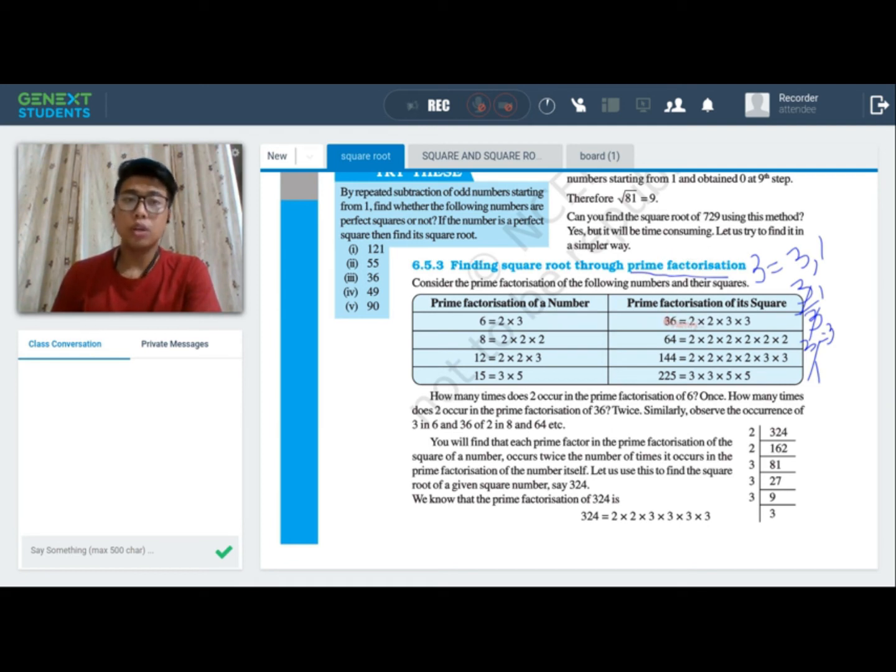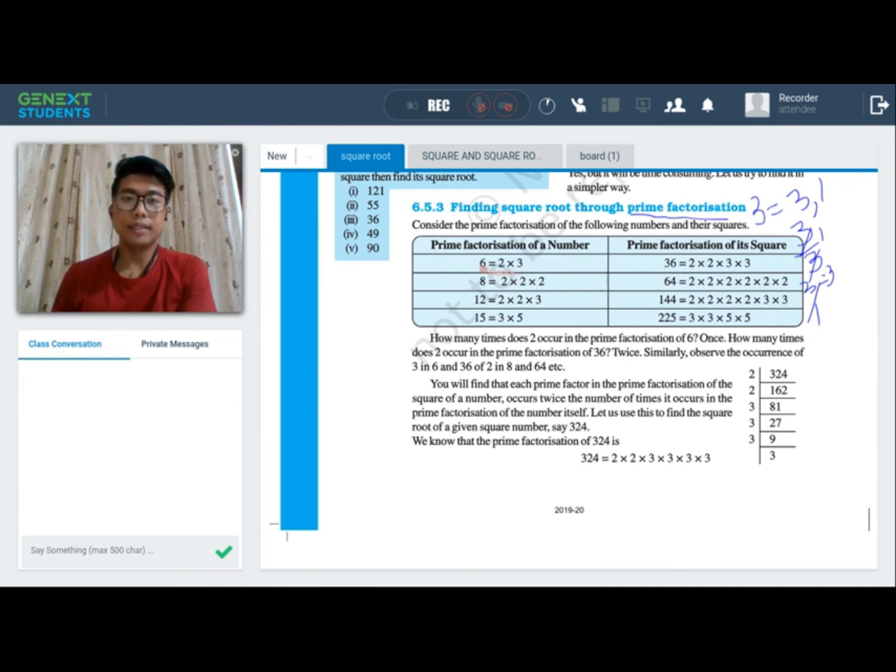So we take 36 and try to find its prime factors. We express 36 as 2 into 2 into 3 into 3. So 2 and 3 are prime factors, and hence we call this process prime factorization.